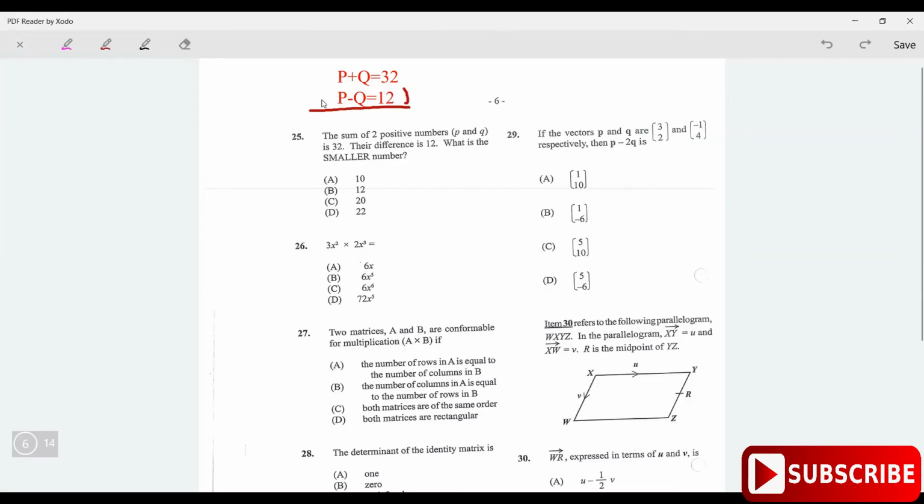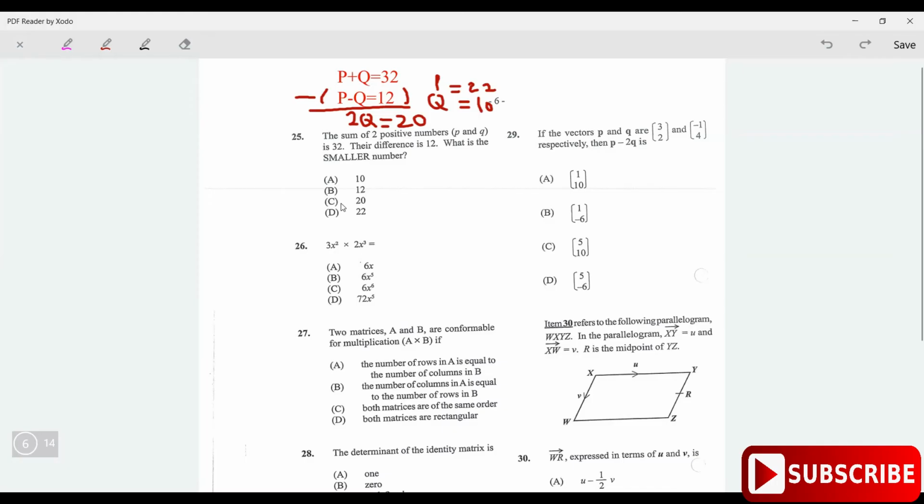If we subtract, you would get that q minus negative q is 2q, and you get that 2q is equal to 20. And if 2q equals 20, then q equals 10. If q is equal to 10, then p is equal to 22. Because 22 plus 10 is 32, and 22 minus 10 is 12.